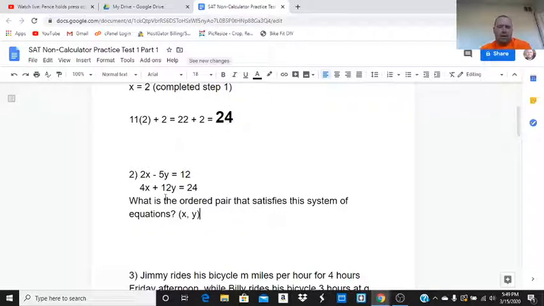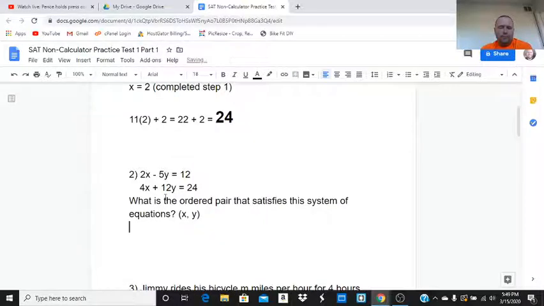That's going to allow me to solve for y. Okay, so let's do that. So I'm going to take the top equation and multiply it by -2. Okay, and we're going to add it to the bottom equation.